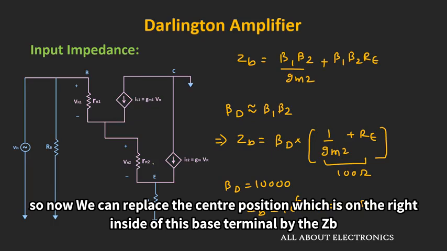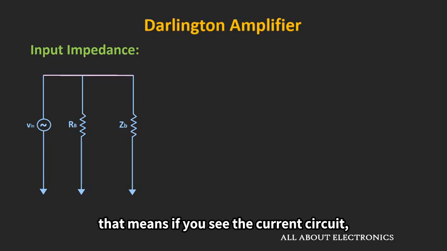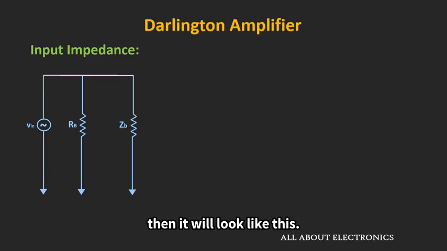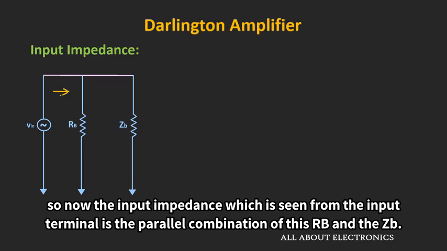So now we can replace this entire portion which is on the right hand side of this base terminal by the ZB. That means if we see the equivalent circuit, then it will look like this. So now the input impedance which is seen from the input terminal is the parallel combination of this RB and the ZB.